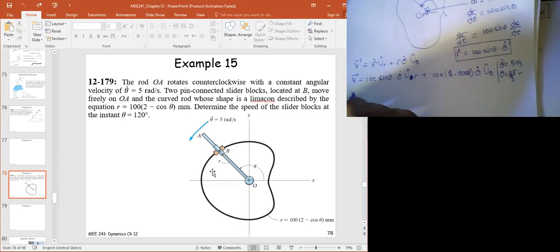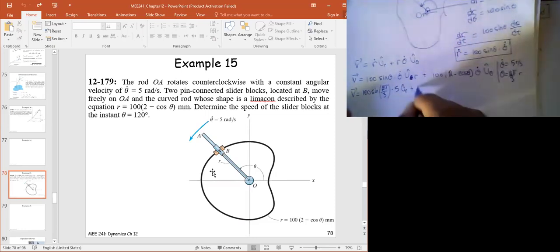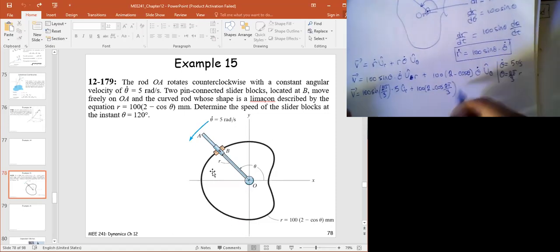So my velocity is going to be equal to 100 times sine 2 pi over 3, multiplied by 5, UR, plus 100 times 2 minus cosine 2 pi over 3, multiplied by 5, and this is U theta.